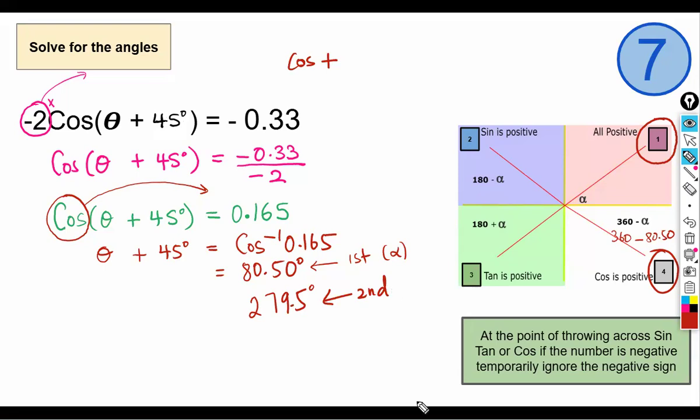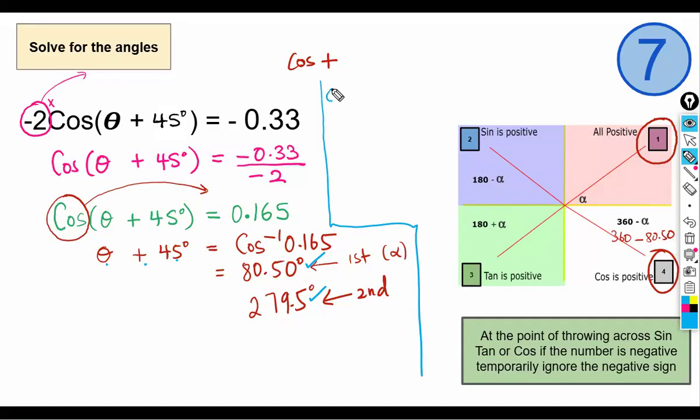So to finish off the question now, remember, theta plus 45 is equal to these two answers at the same time. So let's draw a little line here so we don't get confused.